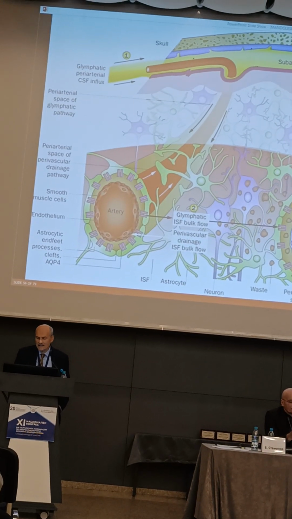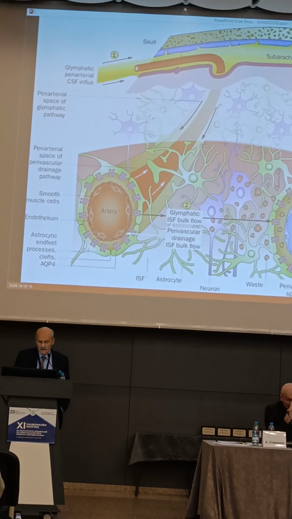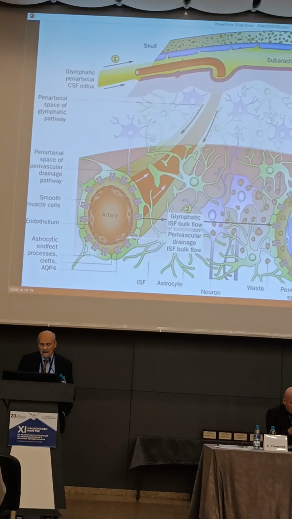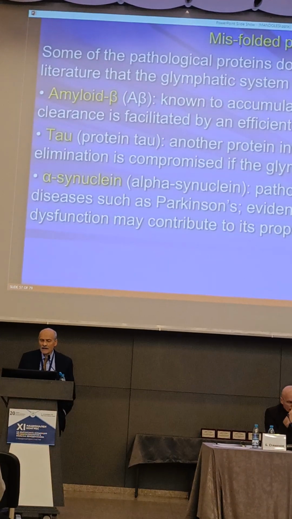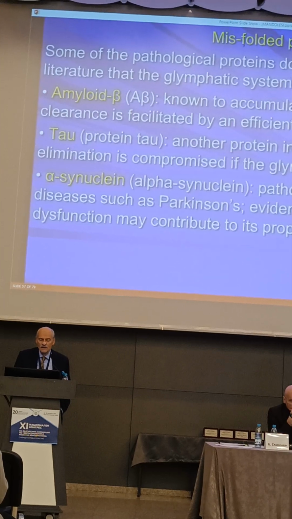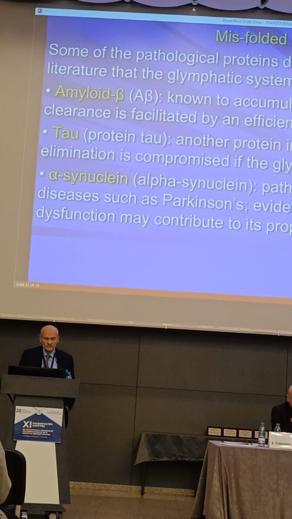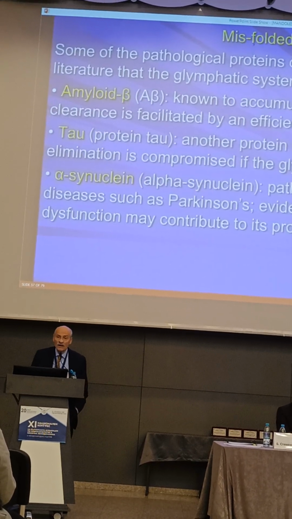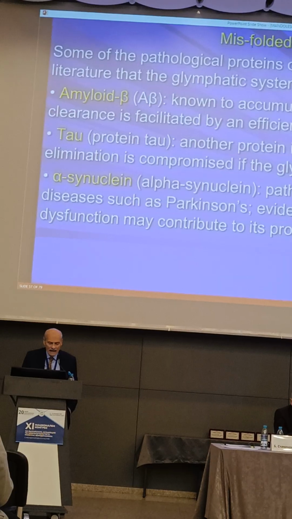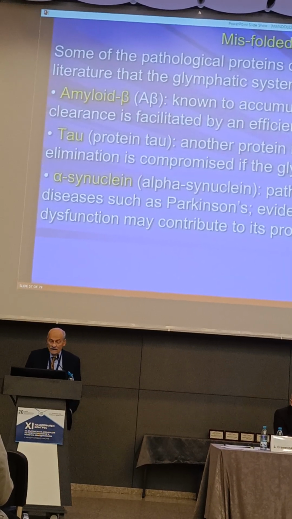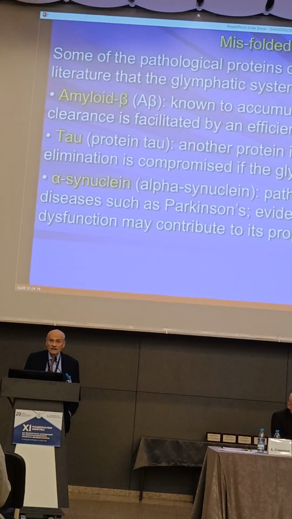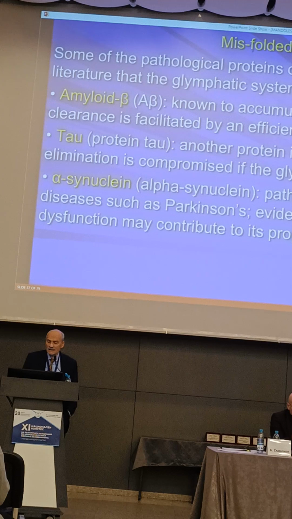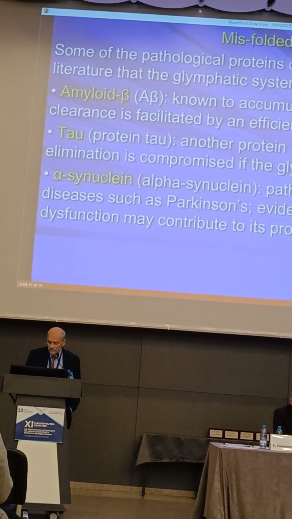This is a schema, a picture, not easy to understand, but a very complete one of this lymphatic system. But what happens for the proteins? We know they are amyloid, beta amyloid, tau, alpha-synuclein, that we know are involved in pathologies like Parkinson's and Alzheimer's and MS.